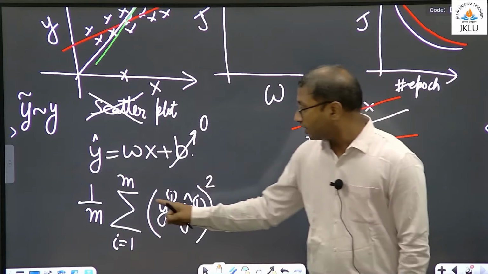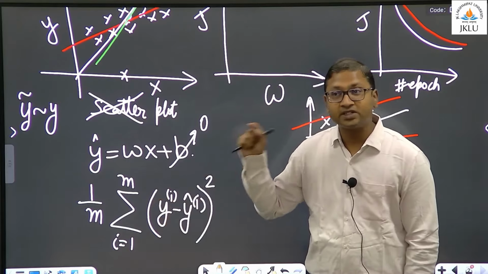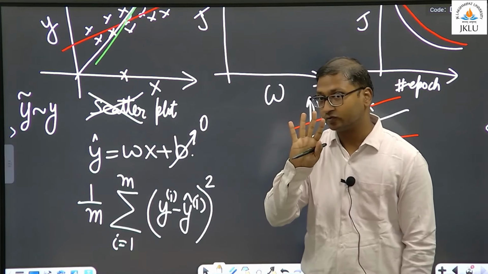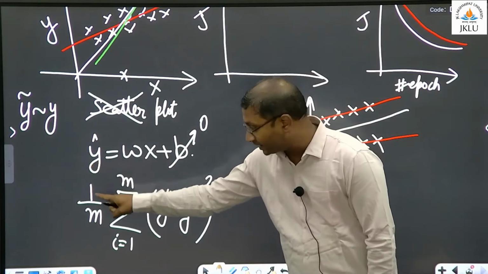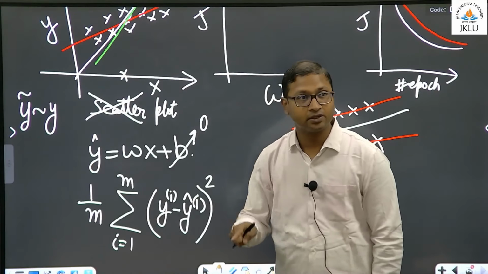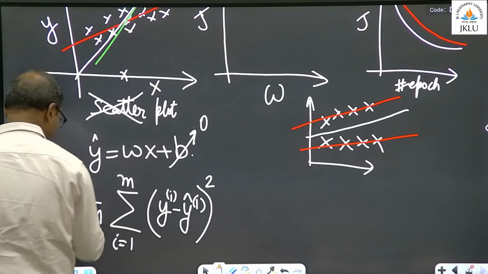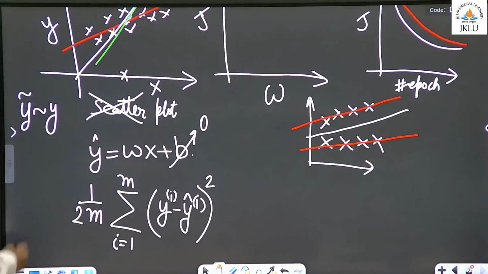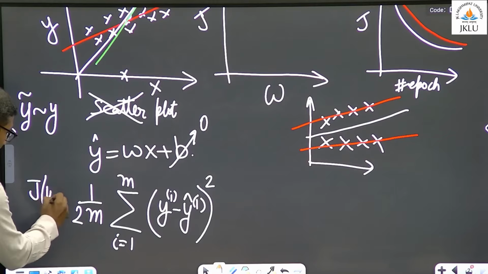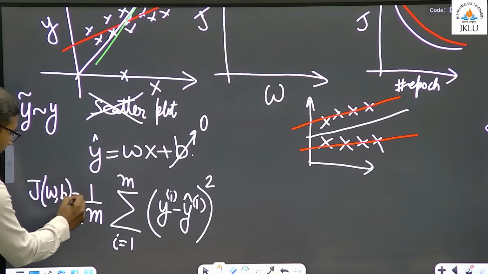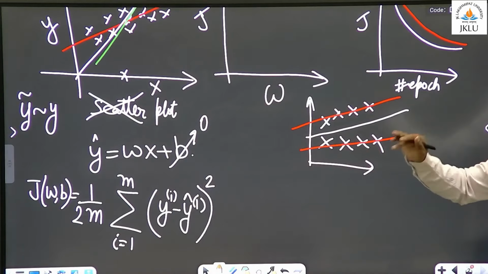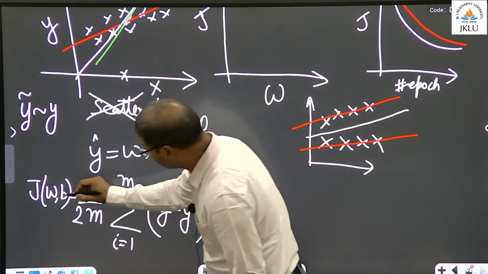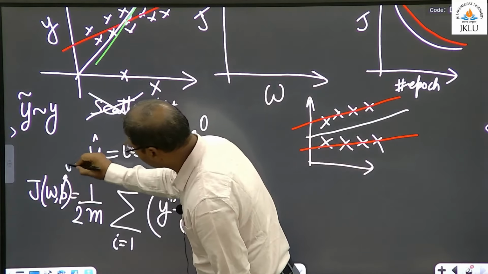Four things have come: difference, square, summation, and this 1 by m, so that you have an average. And now you have this 2 sitting here. This is my j of w comma b. Right now b is 0, so this is j of w right now, but in general I will write it like this.